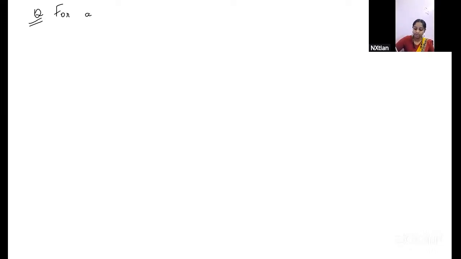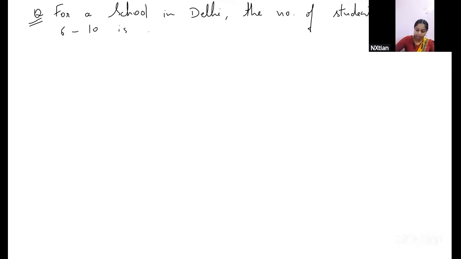For a school in Delhi, the number of students in classes 6 to 10 is shown below.